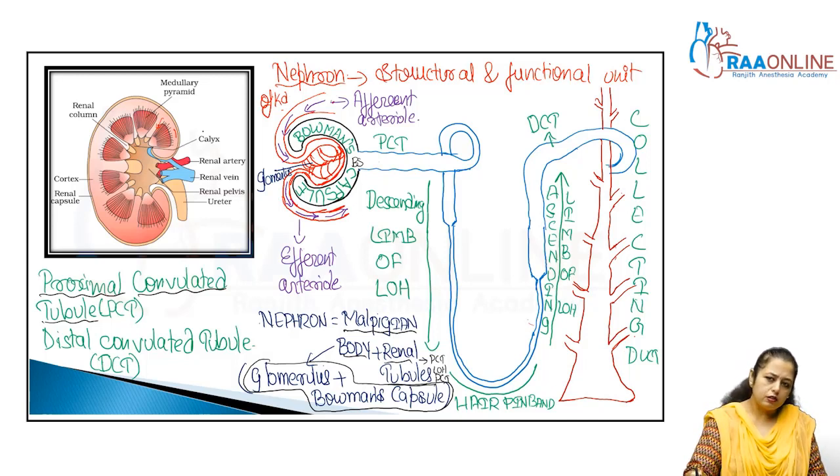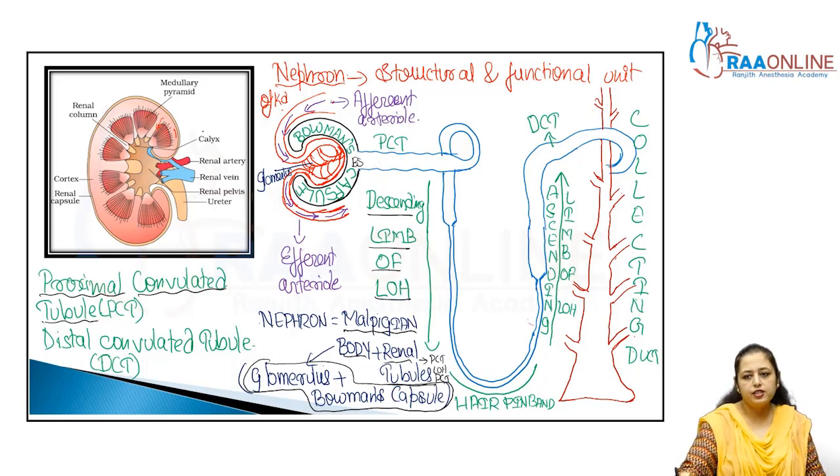When it goes forward, it continues as the loop of Henle, so it goes downward. That's why it is called the descending limb of LOH. This is called the hairpin bend, and when it goes in that direction, this is called the ascending limb of LOH, and now that is DCT. And DCT opens into the collecting duct.